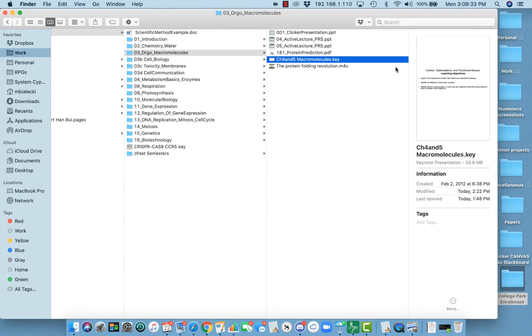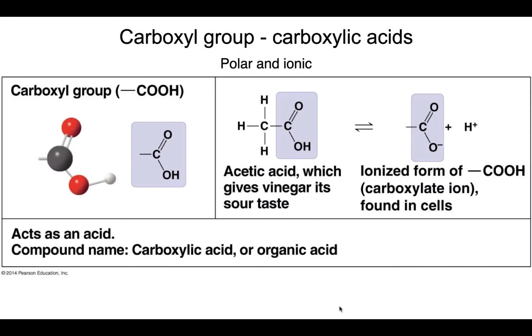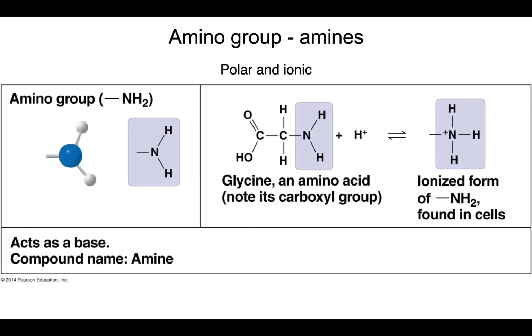Okay, let's go back and take a look at amino groups. Now, amino groups are just as important as carboxyl groups, meaning they're very important. And amino groups are the nitrogen, which is attached to a carbon, bound to either 2 or 3 hydrogens.